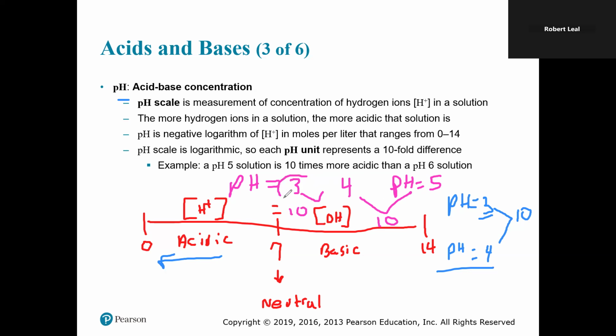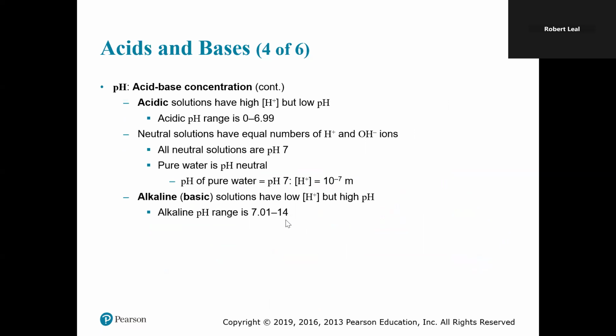So when you compare pH of 3 versus 5, you have to do 10 times 10, which is 100. So pH of 3 would have 100 times more hydrogens in comparison to 5. Again, we do it in multiples of 10. All right, clear the drawings out. Let's go to the next slide.